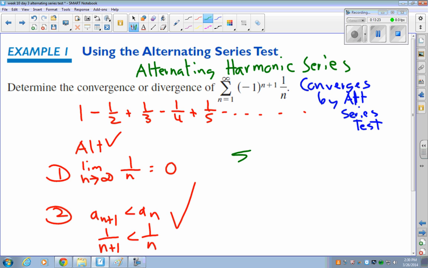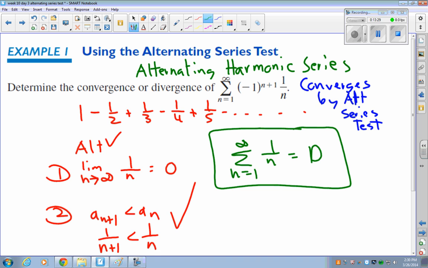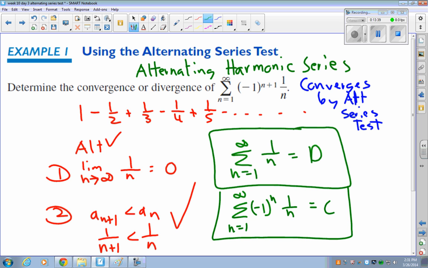So realize this diverges, but if I put it in with the alternating part, what does it do? It converges. So if it's alternating, it converges. If it's not the alternating guy, it diverges. Okay? Realize the difference there.